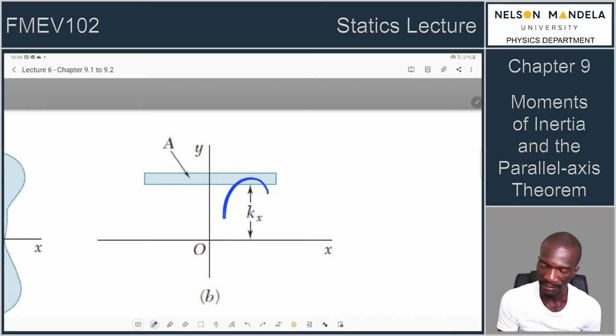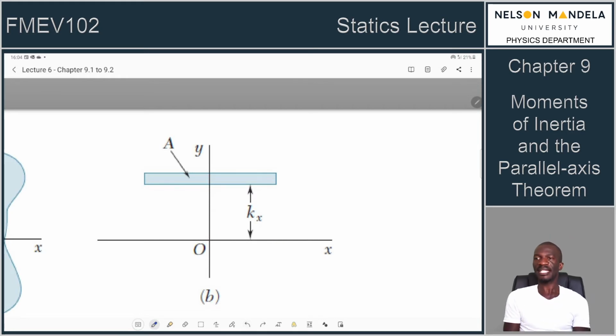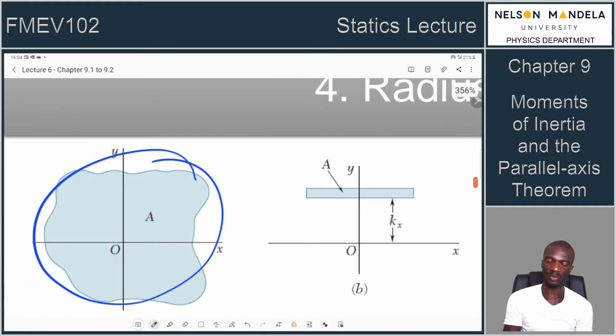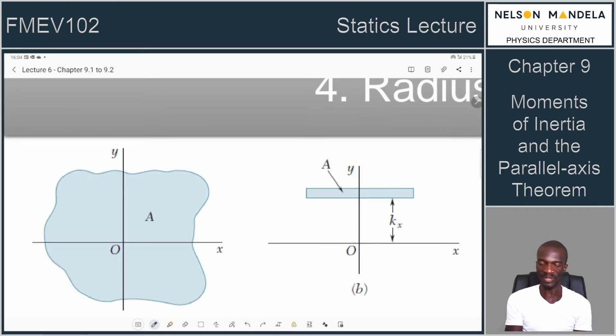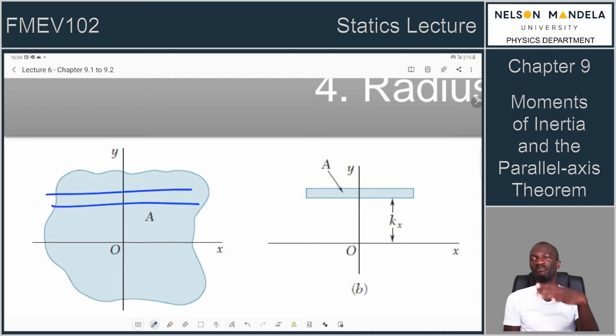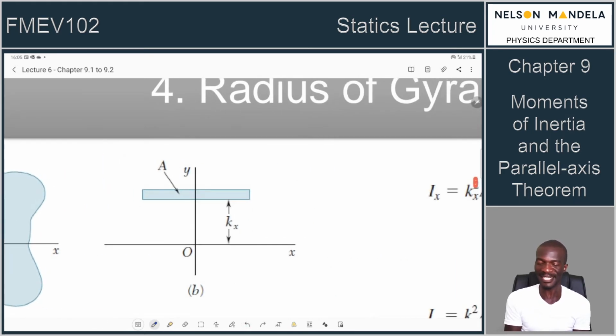The parameter, which is the point at which we can place that area in such a way that we will get the same moment of inertia as what we had when we had the area like that, and we used the methods that we had before. We found some area element, we integrated it. If we can find a convenient point to locate this whole area to find that moment of inertia, then that point can only be what is called the radius of gyration.